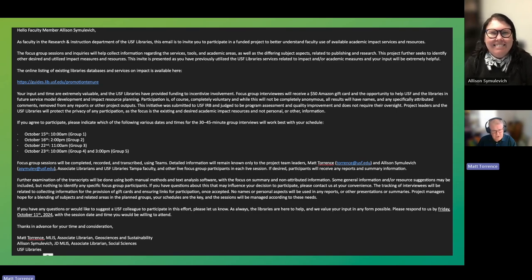And I also wanted to mention, I know the incentive is a little bit on the ubiquitous nature, the $50 Amazon gift card, but that turned out to be one of the easiest things that we could do with the business office in terms of making it seamless for both the participants and for us, and to give someone something that they could use easily and quickly. Other things were a little more difficult.